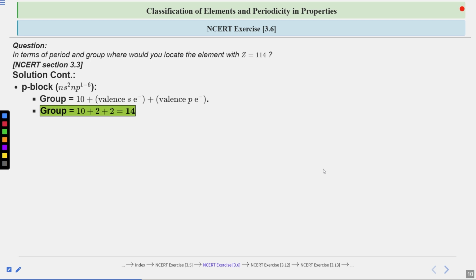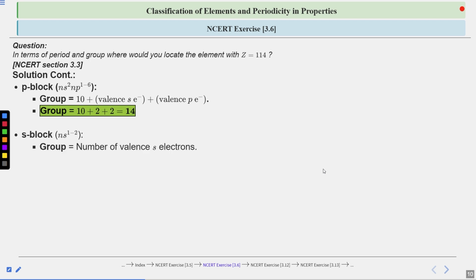There are 2 electrons in the valence s subshell and 2 electrons in the valence p subshell. So 10 plus 2 plus 2 gives you 14. Therefore your group will be 14. This is true for the p block, no question in that. You just count the number of electrons present in the valence subshells s and p and add it with 10.